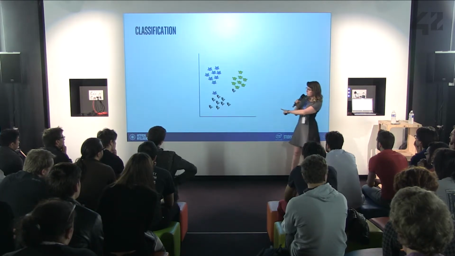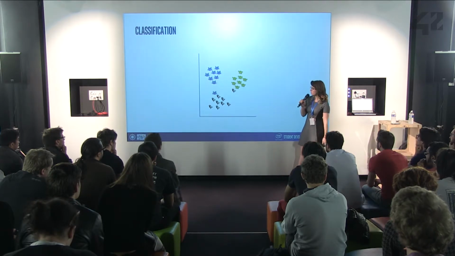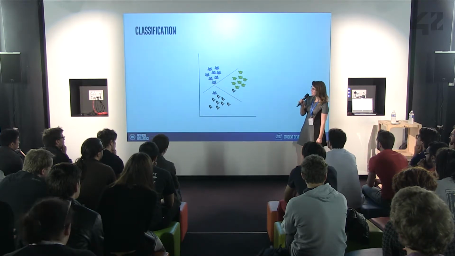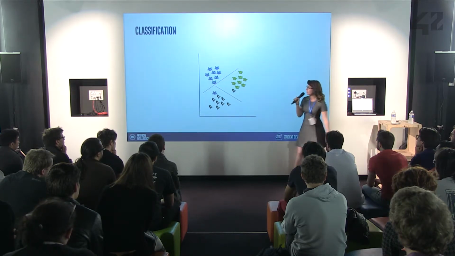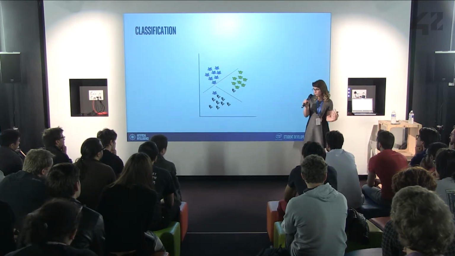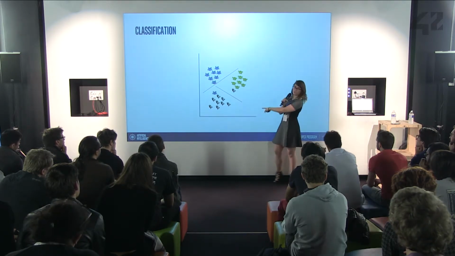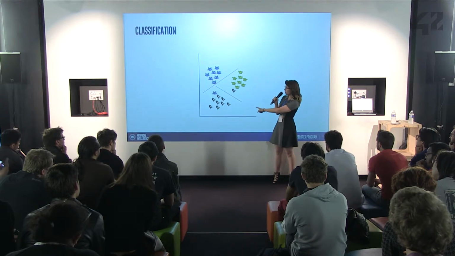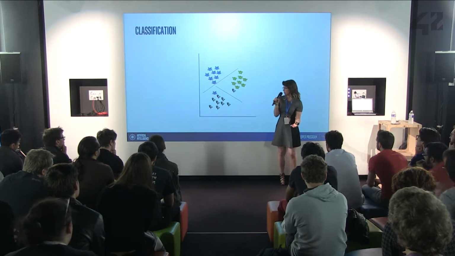So you show this to your model, and your model has to find these planes here. The goal for our model is to successfully find those planes, because with those planes, we can divide the data and classify it.